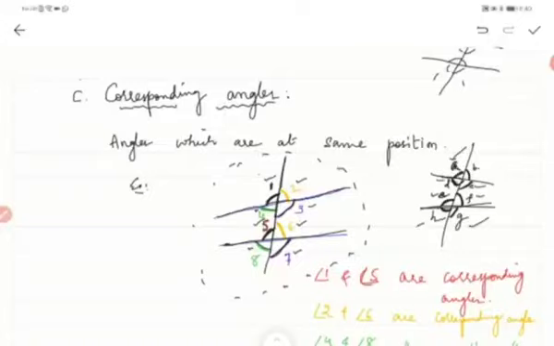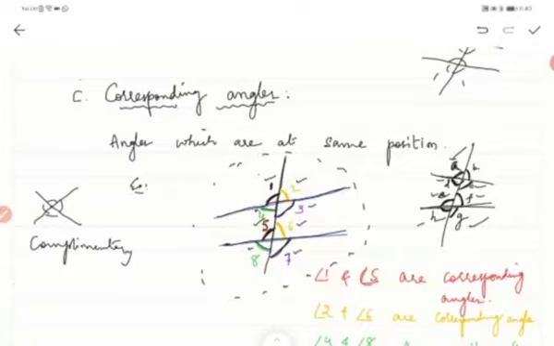Okay, so till now we studied all the angles. First, when two lines are intersecting, we got only 4 angles. Based on this we studied what those angles are. The first related angles we studied were complementary.